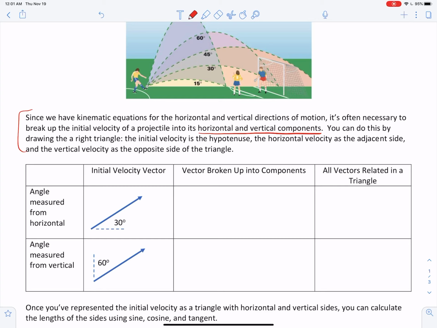So this right here represents the initial velocity at an angle, and we want to break it up into its components, so that part of it is broken up into its vertical component, VIY. The other part of it is broken up into its horizontal component, VIX. And here's that angle still, 30 degrees.